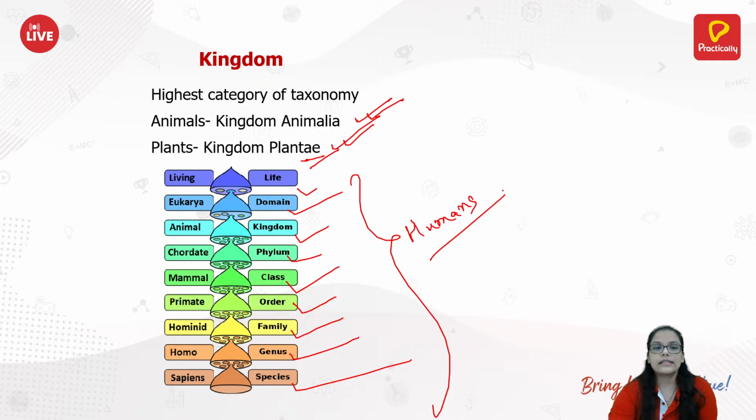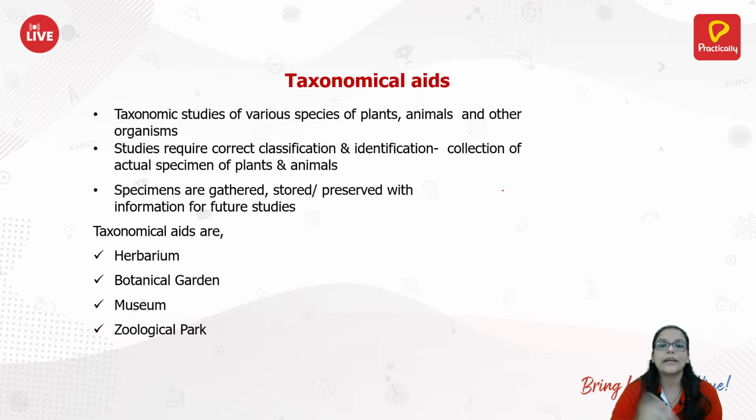Now, let's get into the taxonomical aids. Taxonomical aids are actually to understand, to find new plants or animals. Collection of plants, animals, species and everything is done with the help of taxonomical aids. They are used for herbarium, botanical gardens, museums, and zoological parks.